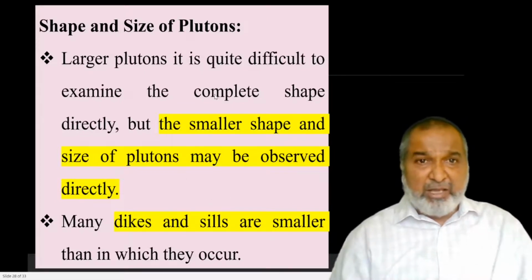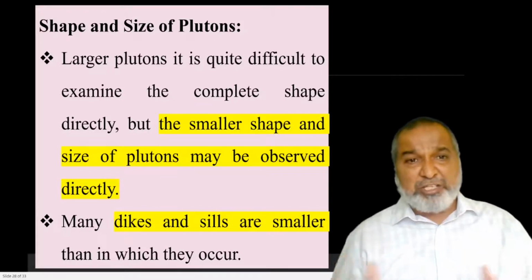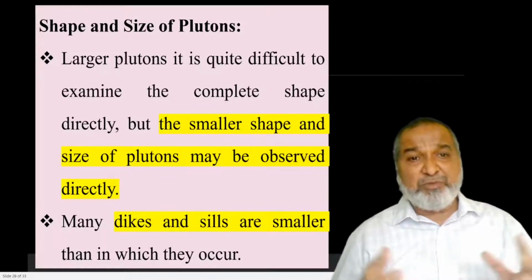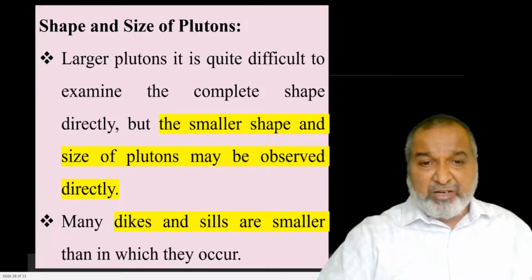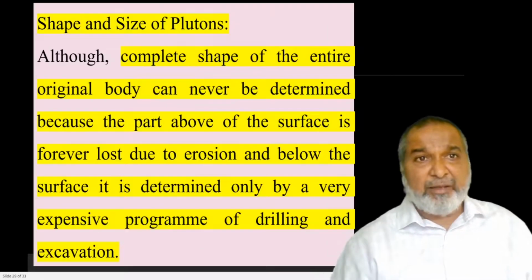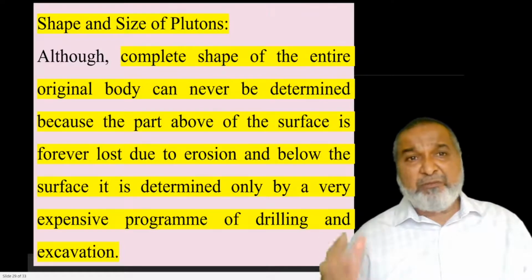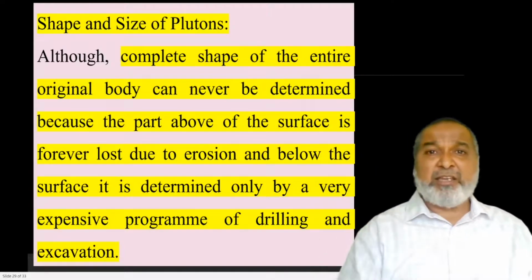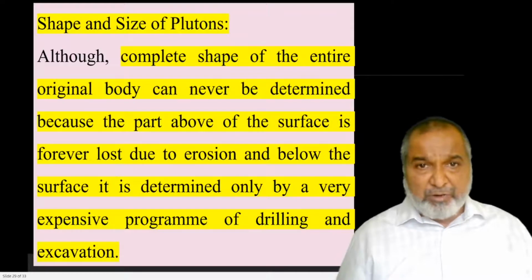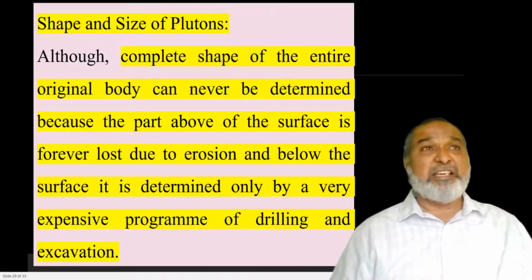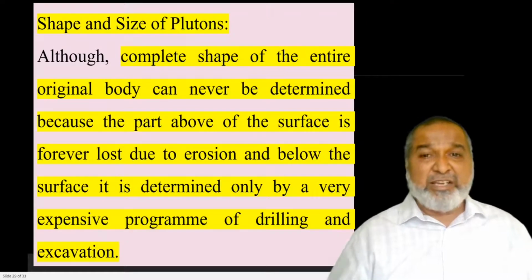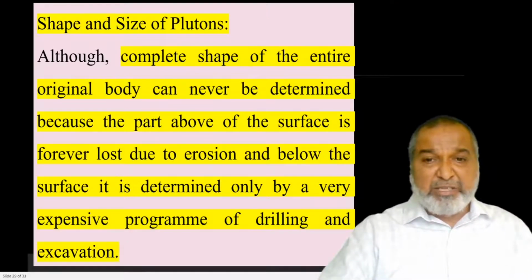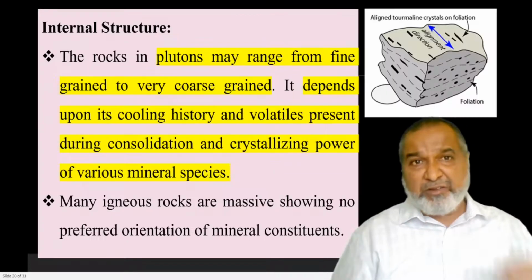The complete shape of smaller plutons may be observed directly; many dikes and sills are smaller than the rocks in which they occur. The complete shape of the entire original body can never be determined because part of it is forever lost due to erosion, and below the surface it is determined by an expensive program of drilling and excavation.